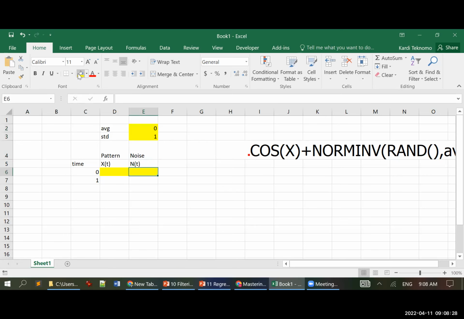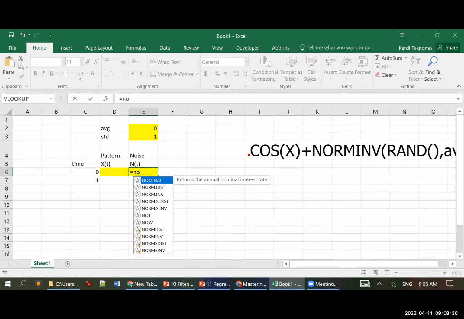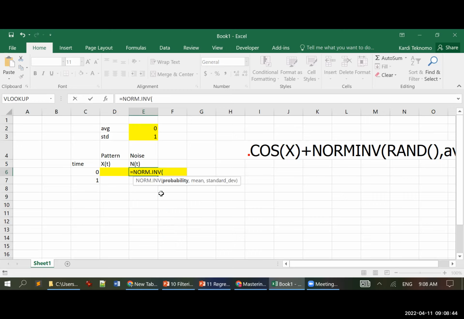Then I will have NORM.INV. I need the probability, mean and standard deviation. The probability I will put as random, and then the mean is this one, and the standard deviation is this one.